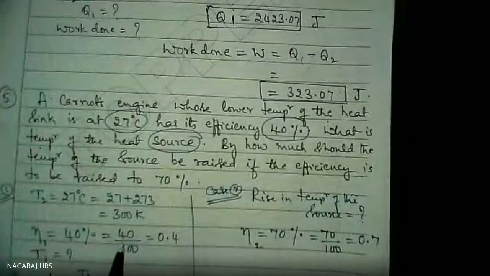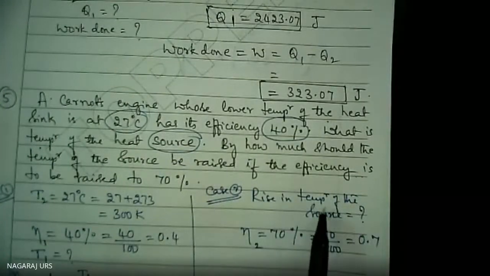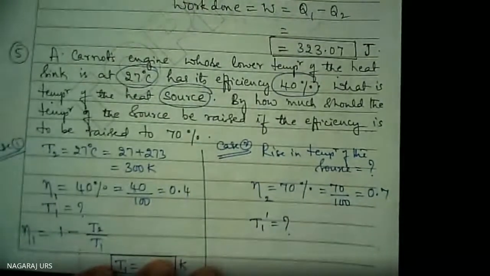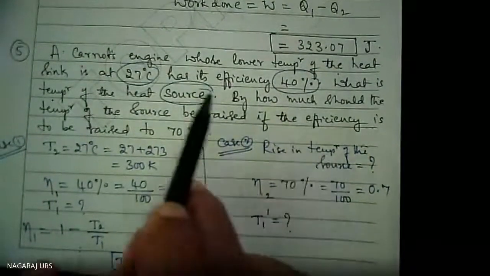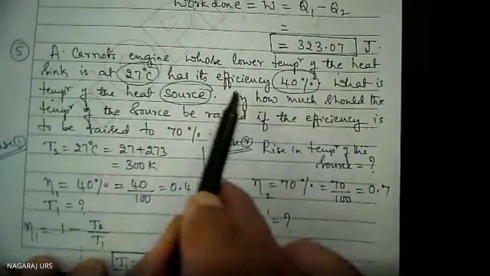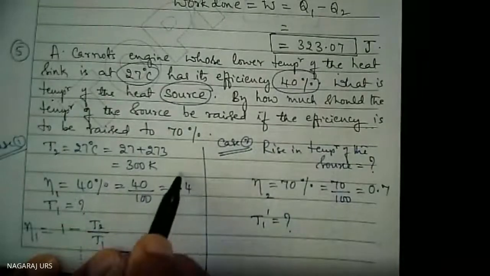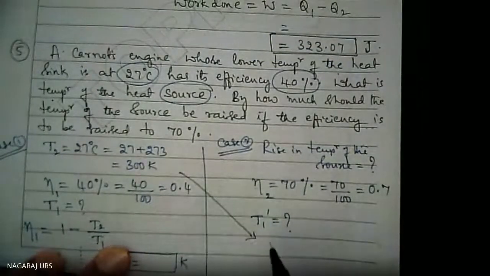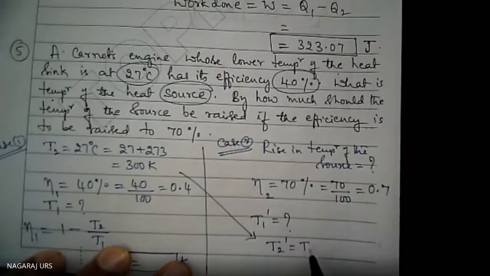This is 0.7. Rise in the temperature of the source. Here the source temperature is T1, but here the source temperature is T1 dash. Sink temperature, he didn't speak anything about that here. Therefore, here to here, sink temperature remains same.